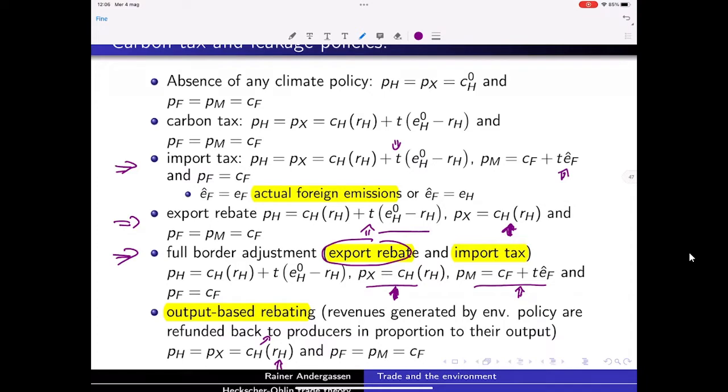But then, in order to level the playing field abroad, you give a rebate to the firms exporting. Still, they have higher costs.